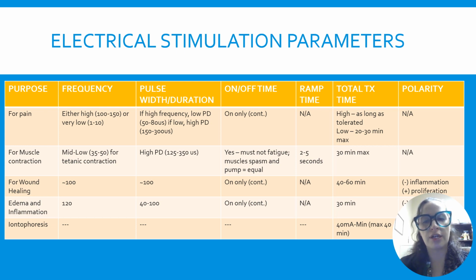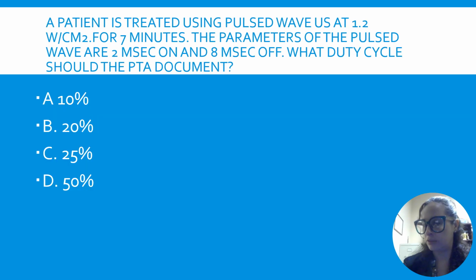Same as your muscle contraction, 30-minute max is where you're going to go. Okay, for your wound healing and your edema, it stays around the hundreds in both frequency and pulse duration. Treatment times are a little bit longer for wound healing, and you do have to take into consideration polarity.